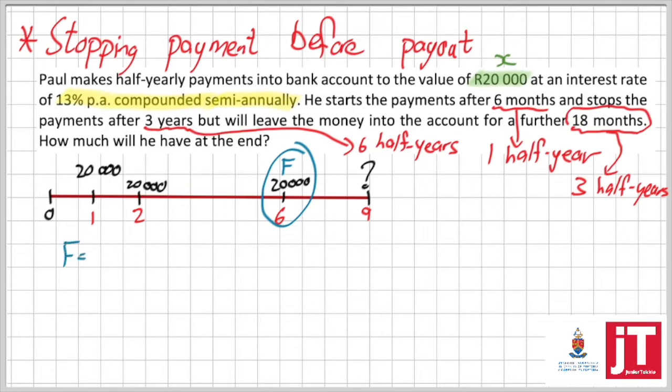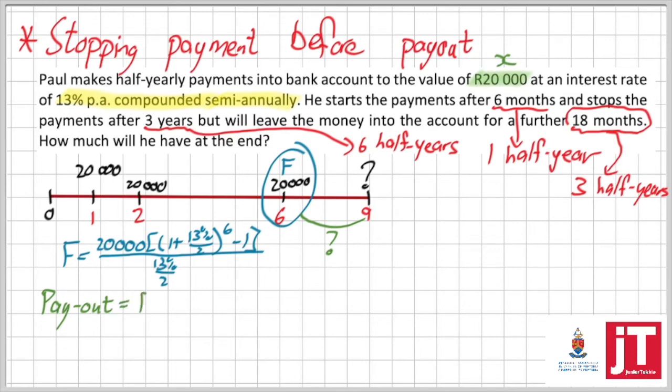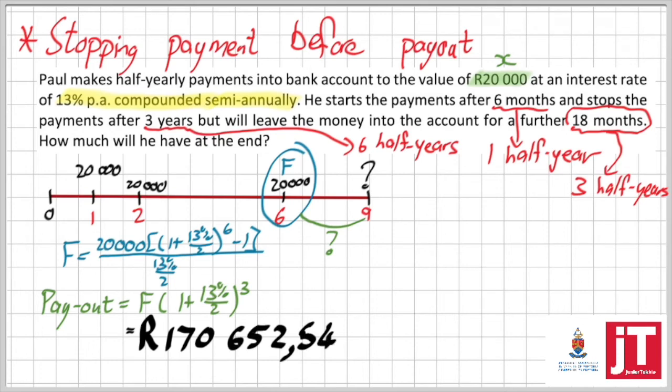So in other words, I'm going to take my future value, normal annuity, paid out at the end, and I am going to add 3 half years worth of interest. And that gives me a total value of R170,652.54.